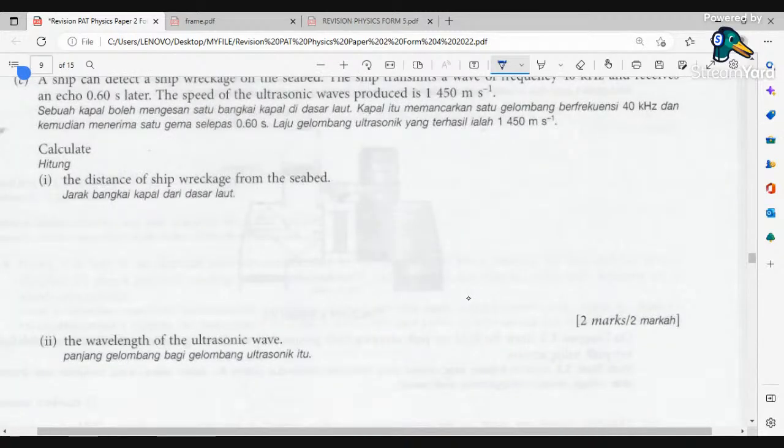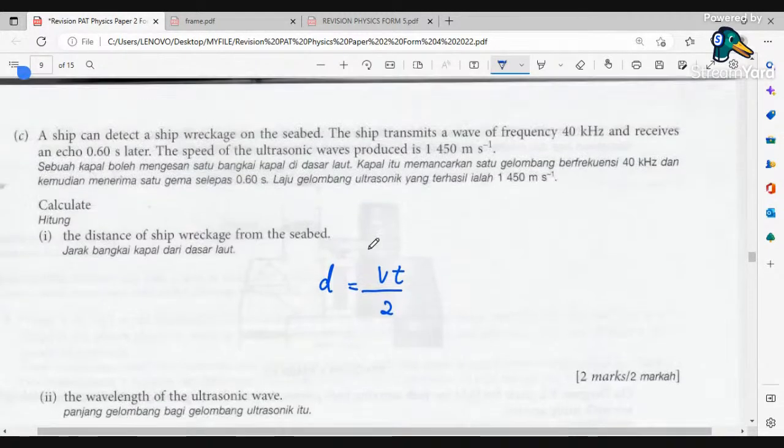Okay, so you have this formula, D equals to Vt divided by 2. Why we divide by 2? Because the time taken is for moving to and fro, pergi balik. Okay, CRO cannot record one way, pergi dan balik saja. That's why for one depth of the ship wreckage means one way.